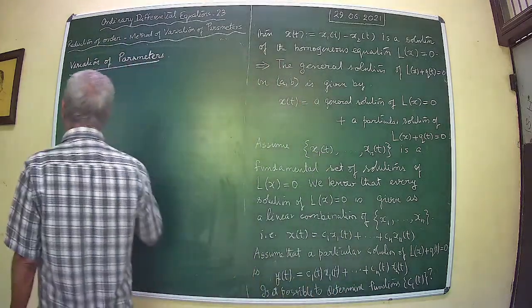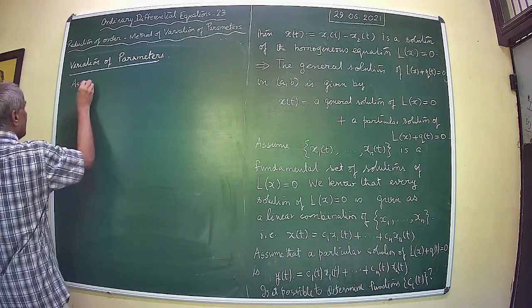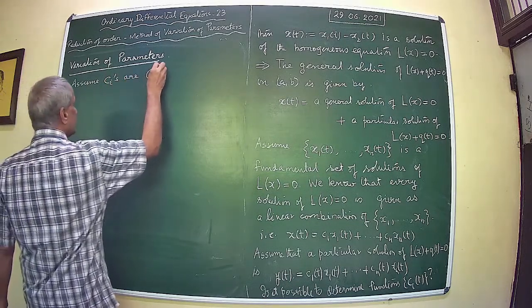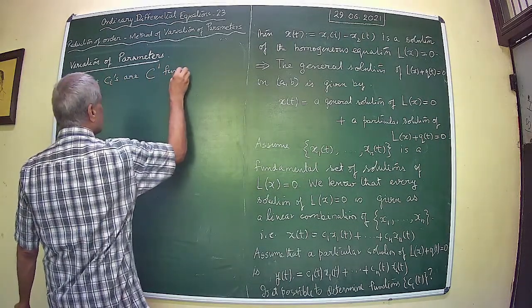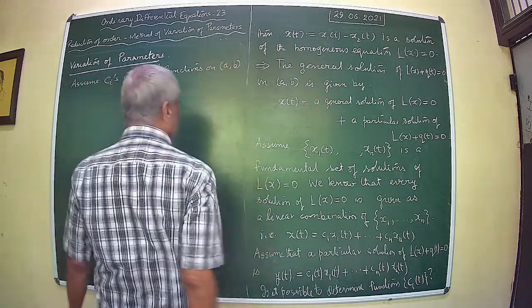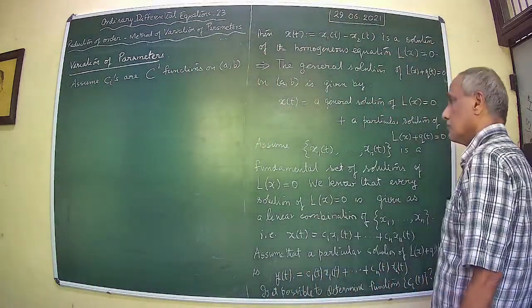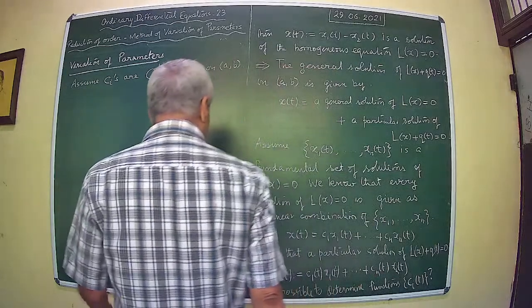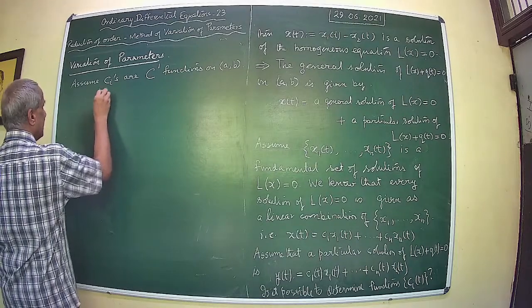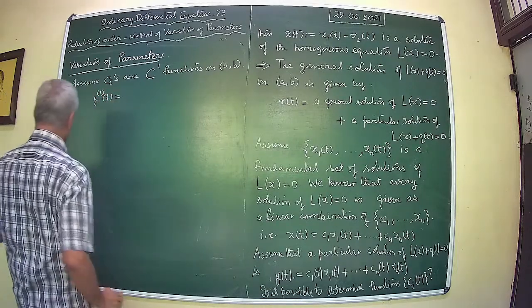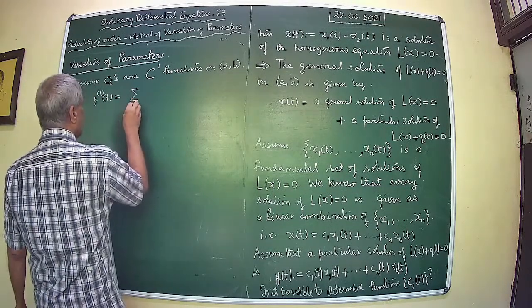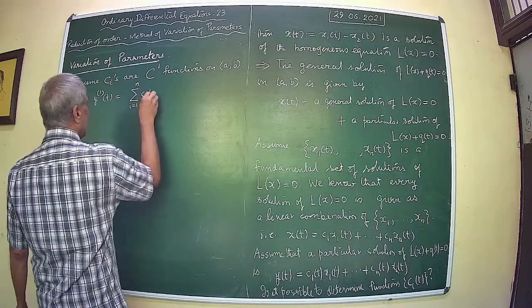Assume y(t) equal to the sum of Ci(t) xi(t). Okay. Now what do you have? y derivative of t is equal to sigma i equal to 1 to n of Ci(t) xi derivative plus Ci derivative xi.